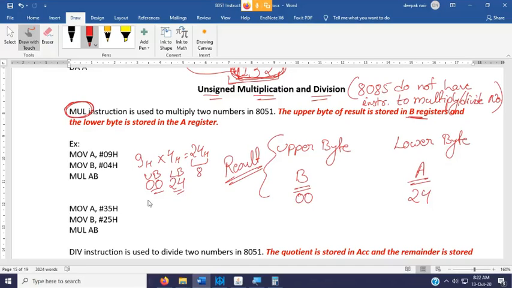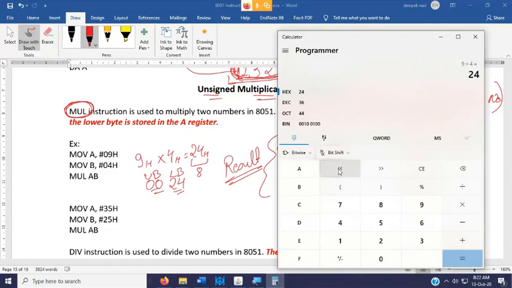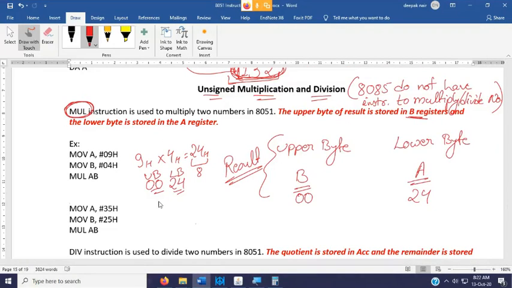Now in this example we are going to multiply two numbers, 25 and 35. Now you see the result is 7A9. So 35 hexadecimal multiplied by 25 hexadecimal is going to give you 7A9.